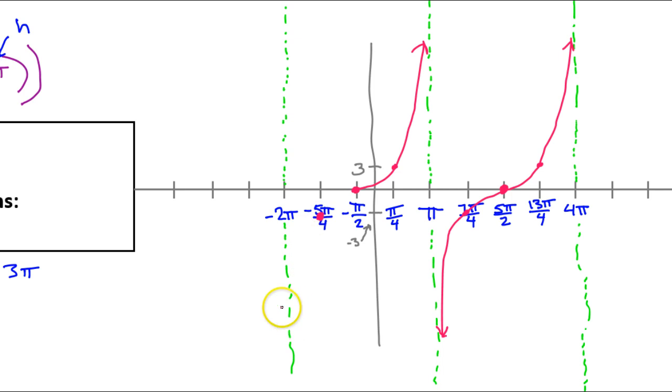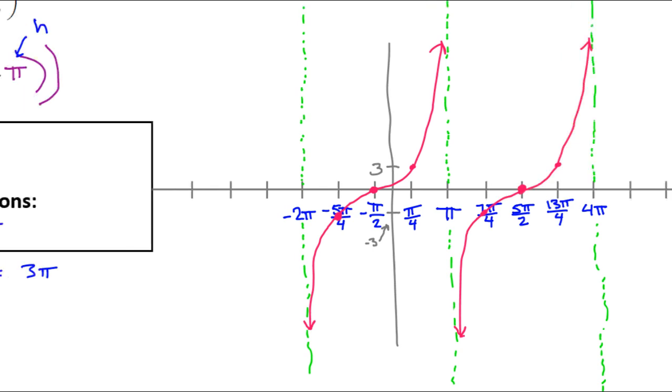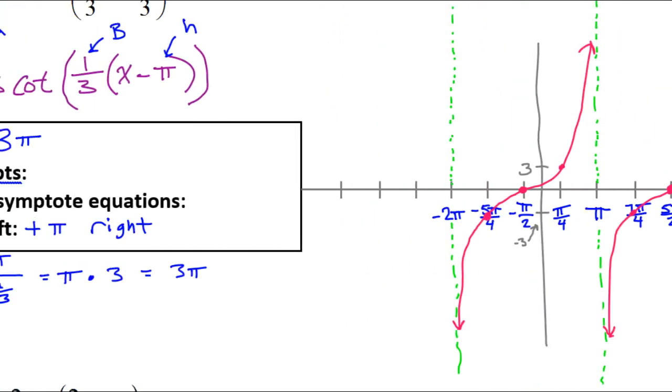So I'm going to try to hit that as I go. Alright, and there you go. That's what 2 periods of this cotangent function looks like.